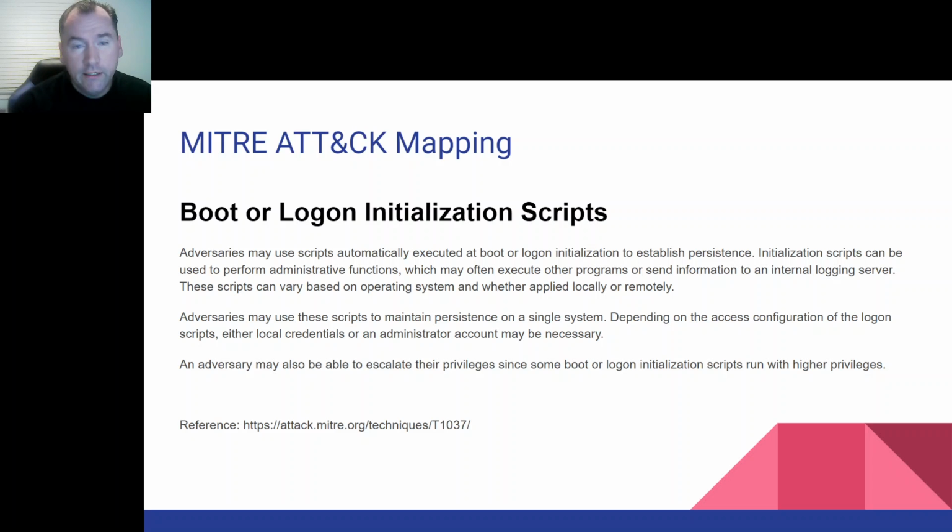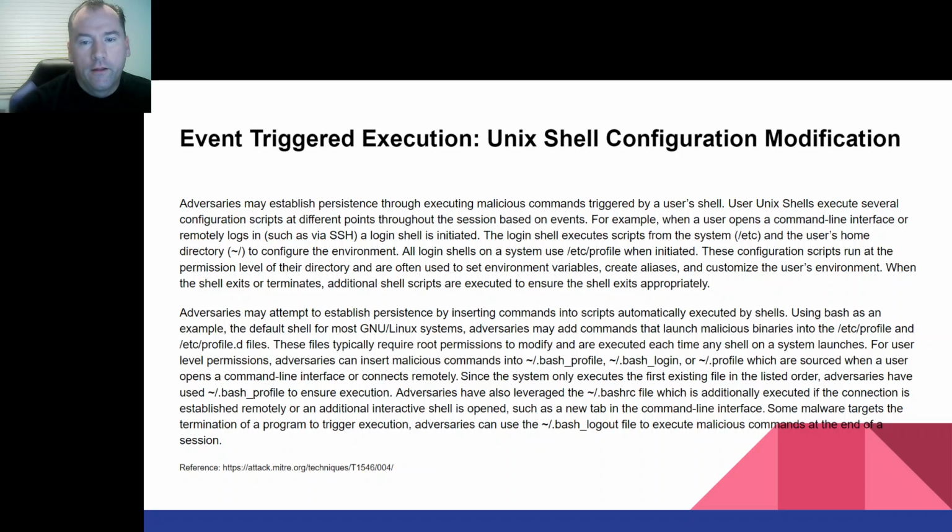Similar thing with Linux. When you log into Linux, you will have a bashrc file that you can modify. This bashrc file is executed if the connection is established remotely or an additional interactive shell is opened.